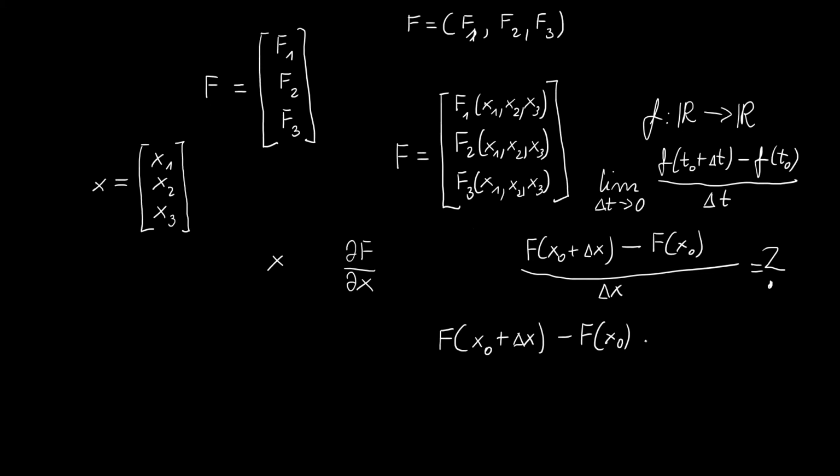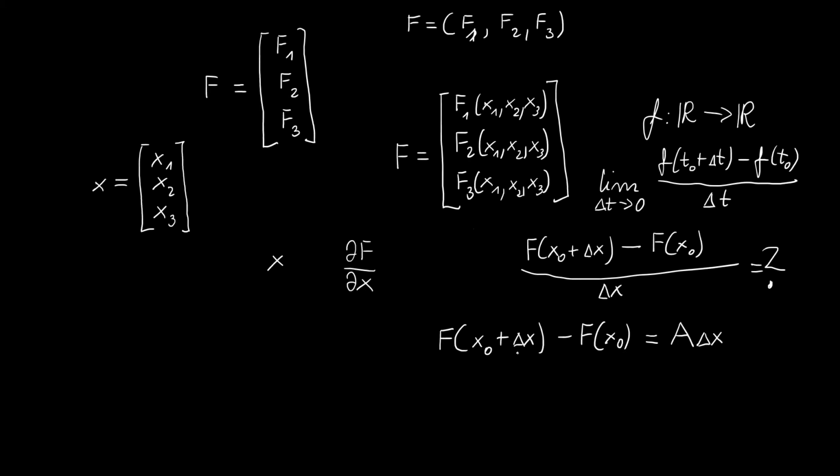And now we want to have an A which, multiplied by delta x, will give us a good approximation of this difference.